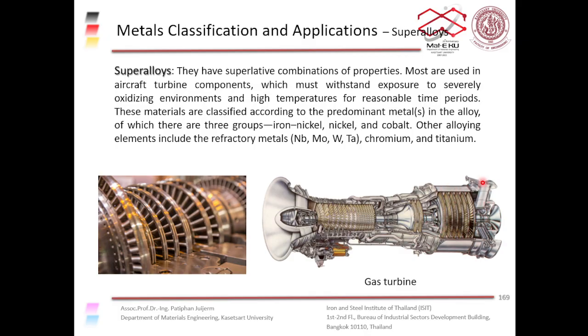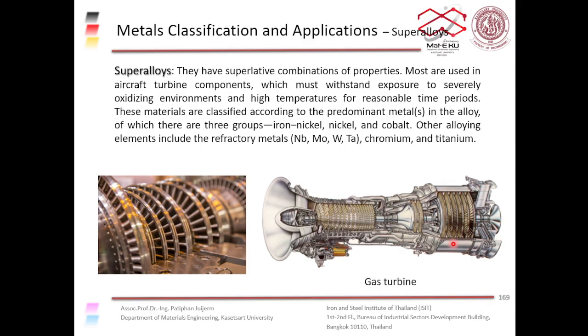So in this area, you have hot gas coming out from the combustion zone. The gas expands. The gas is very hot after combustion. So in this chamber here, you need a material that can withstand high temperature up to 600, 700 degrees Celsius.